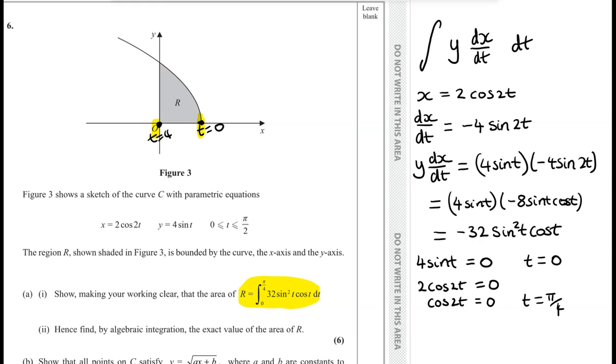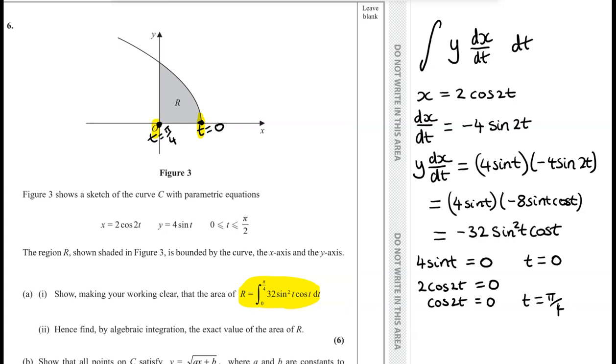So for this, not 4, t is pi over 4. So when we're looking at our lines, we've got x equals some constant, but we know the t value there is going to be 0, and then for x equals 0, the t value is going to be pi over 4.